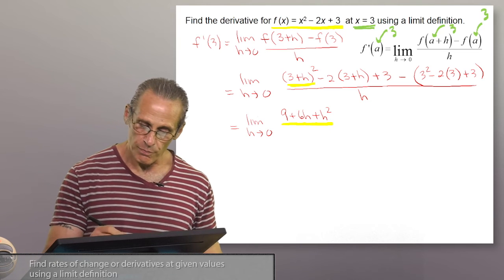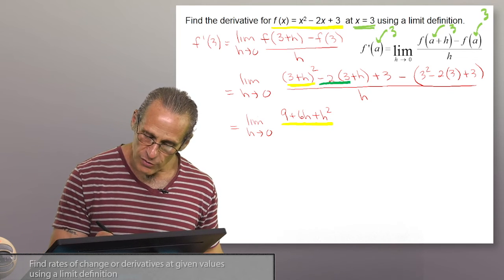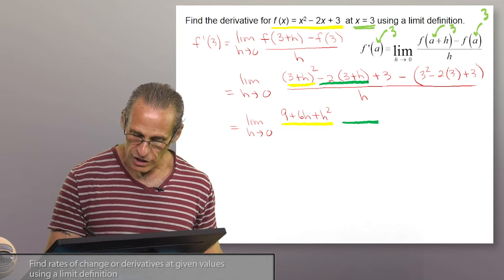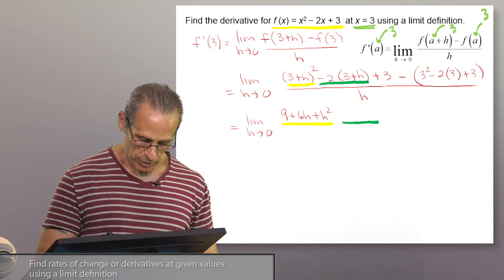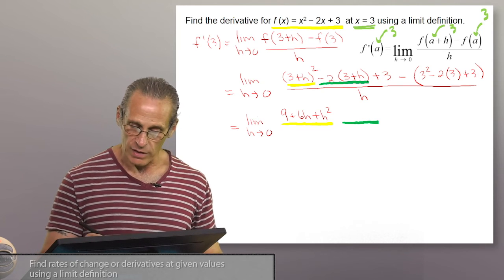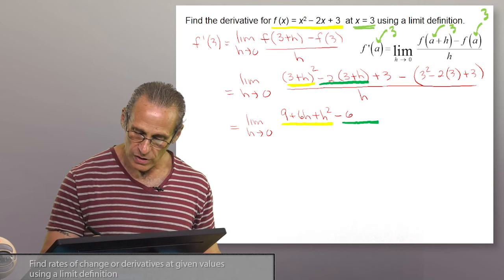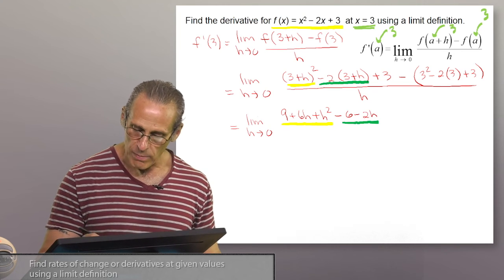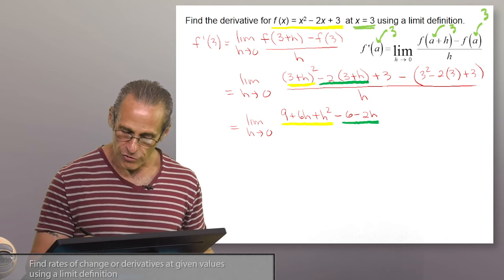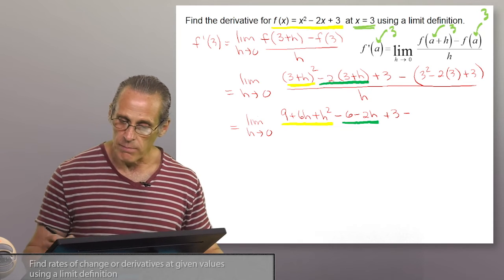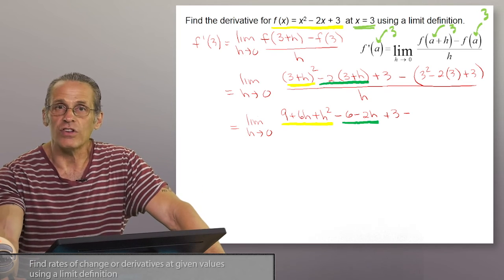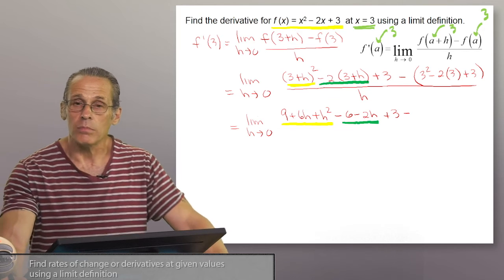Then what am I going to do? Then I'm going to distribute the negative 2 to both terms, and I'll do that right here. So what that looks like is negative 2 times 3, which is negative 6, negative 2 times h, which is minus 2h, and then plus 3. Then minus, well, let's see, 3 squared is 9, minus 6 is 3, plus 3 is 6.